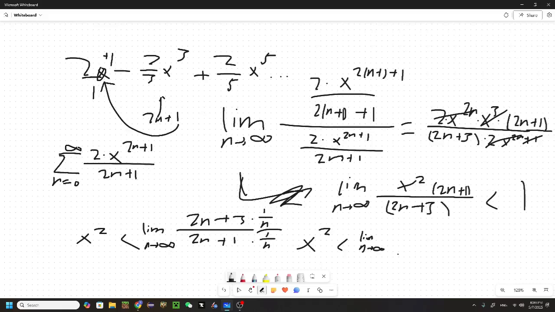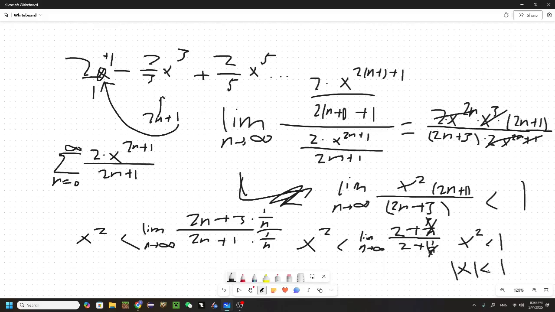As n goes to infinity, perfect, and we should be getting 2 plus 3 over n and 2 plus 1 over n. Because any number over infinity is just going to be 0, so we don't care. So these two will be cancelled out by the limits, so we're left with x squared less than, I think these two will become 1, so it's just x squared less than 1.